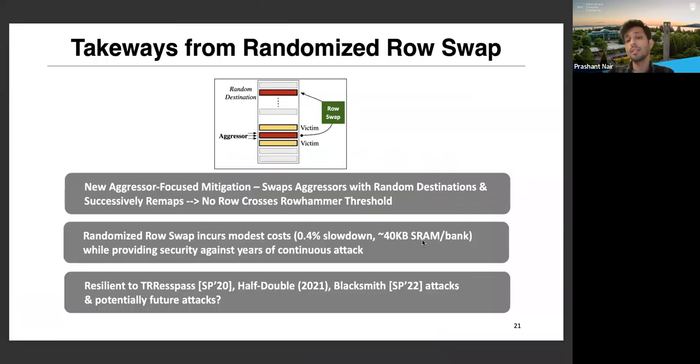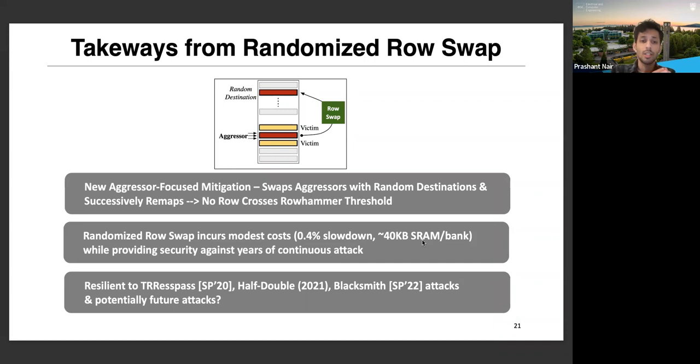So the key takeaways to conclude: we have introduced randomized RowSwap, which is a new aggressor-focused mitigation. It swaps aggressors with random destinations and successively remaps so that no row crosses the row hammer threshold.